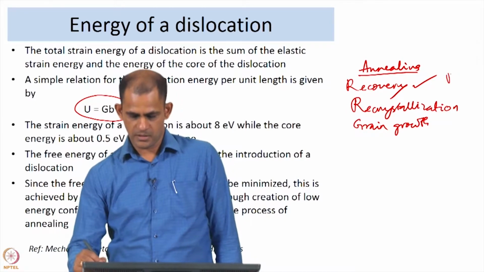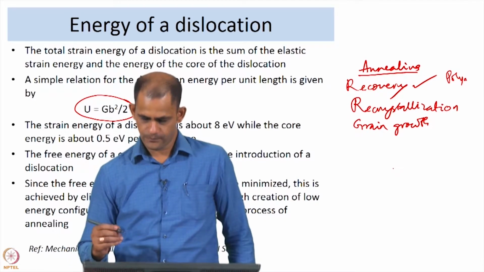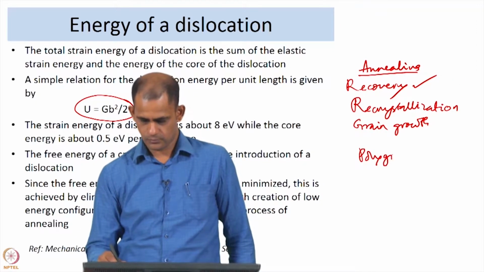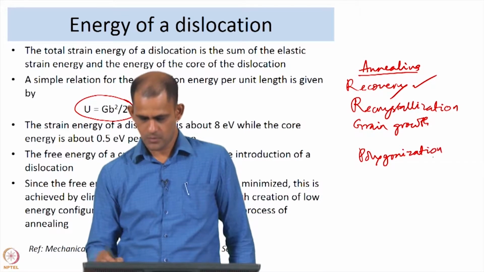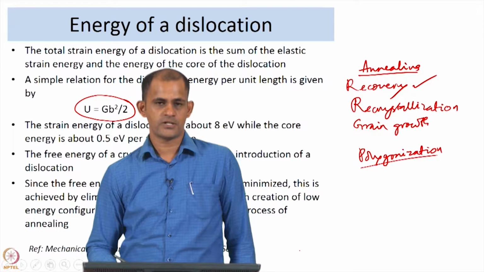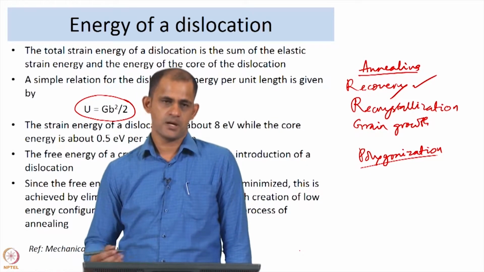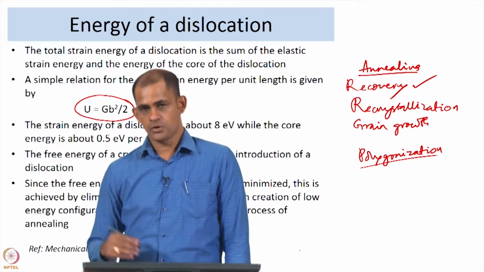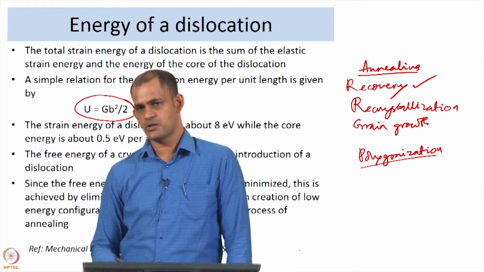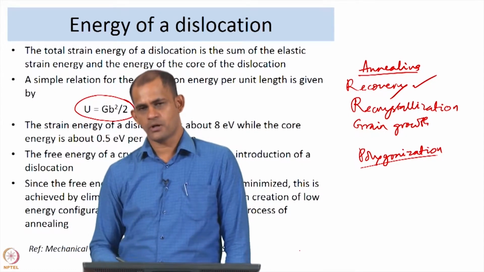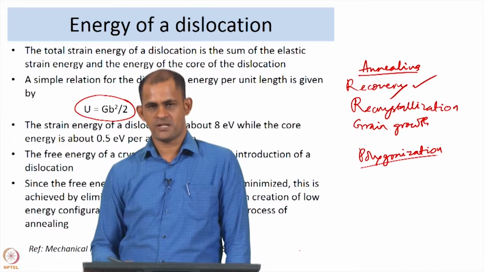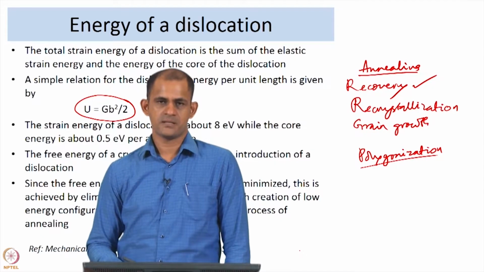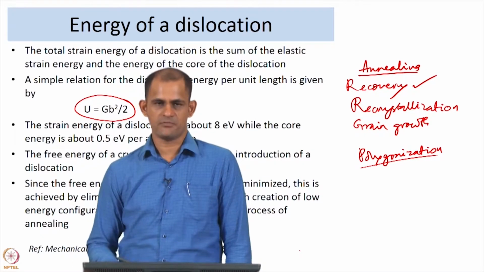There is a term called polygonization, which leads to the creation of low energy arrangements of dislocations, leading to the formation of subgrains within a given grain. So, polygonization is a result of recovery, and we are going to talk a little bit about recovery and polygonization in the subsequent lecture, because this has importance towards understanding the creep behavior of materials.